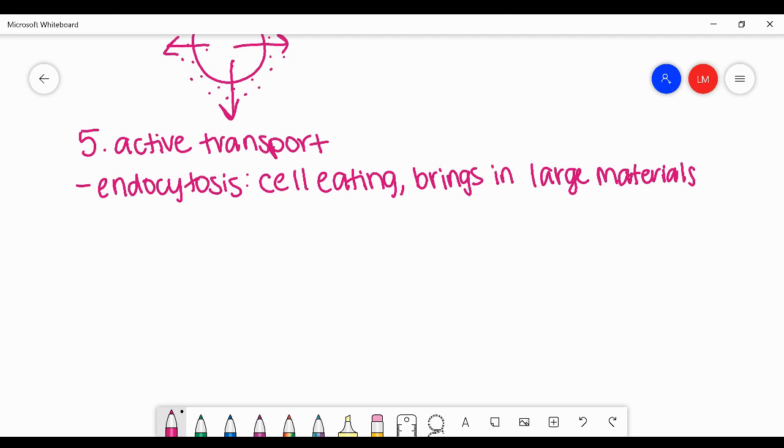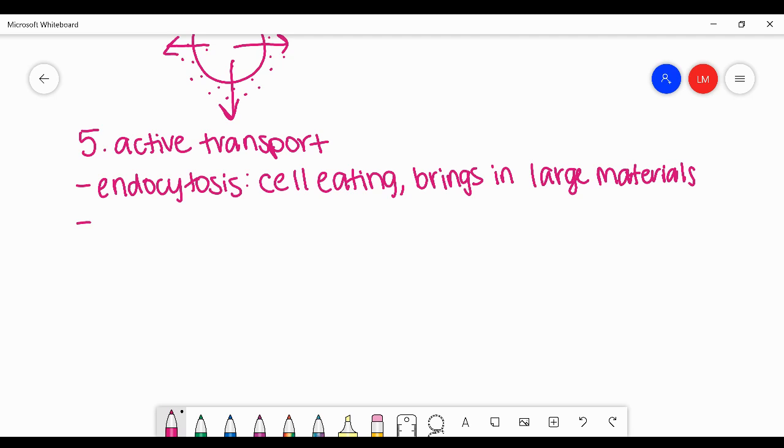An example here would be an amoeba, which is a single-celled organism that lives in a pond. When it needs to eat, it is just one cell, so it does not have a mouth and a digestive system like we do. It surrounds the food particle and eats it like Pac-Man style. So that is an example of endocytosis, and you'll get to watch a super cool video of that.